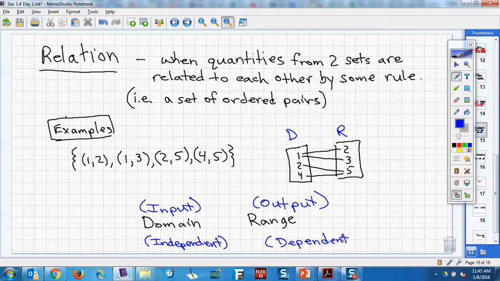And one way you can help remember those is input and independent are together. Because typically with a relation you can plug in any number and then what you get out is dependent on what the rule is that pairs them up. So the independent variable, you can plug in anything you want. And then the output is dependent on what the rule is that matches those up.